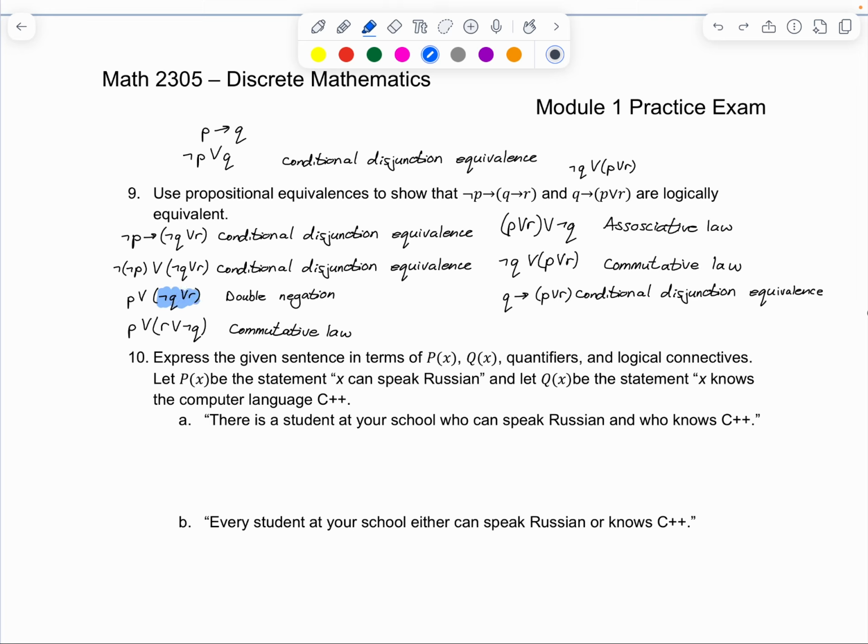Similarly, knowing that you can switch the order or move the parentheses around should be pretty intuitive. That works with multiplication and addition. It's very common. So those should be intuitive. The ones to practice are this guy and then De Morgan's and distribution.